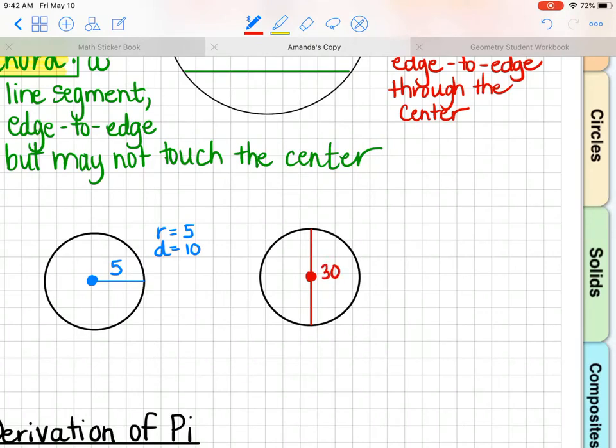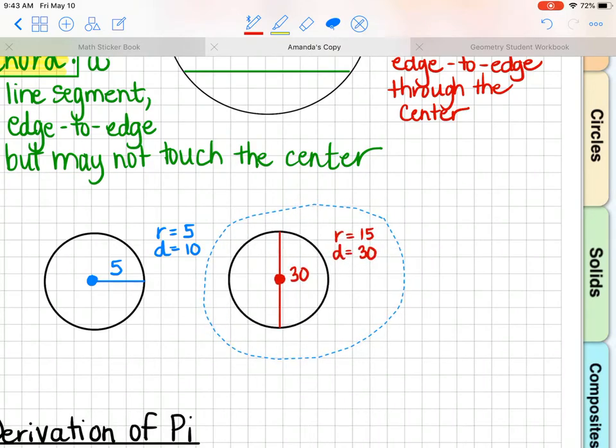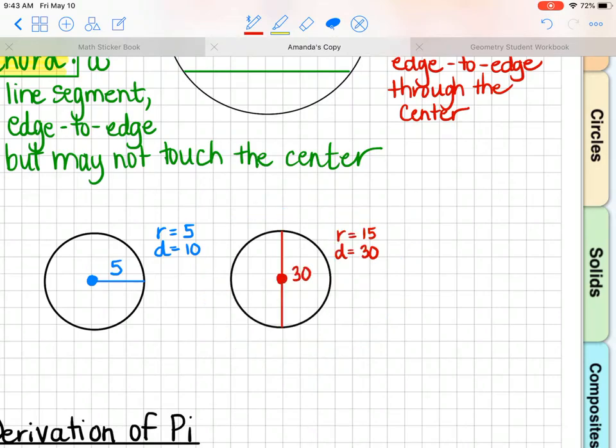Okay, so radius we don't know, but we know diameter is 30. So to get the radius, what would you need to do? You need to cut the diameter in half. So 30 divided by 2 is 15. Radius is always smaller than diameter. If this is a room, your diameter goes door to door across the room. The radius only goes to the middle.